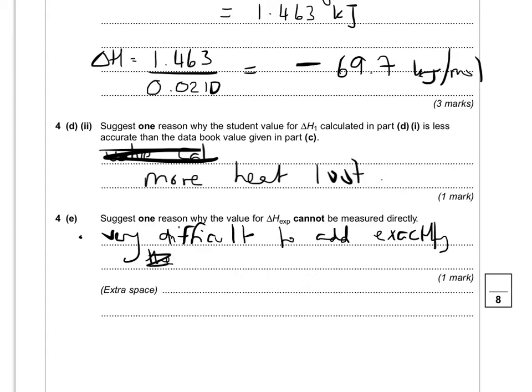Very difficult to add the exact amount of water to turn it from anhydrous copper sulfate into hydrated copper sulfate. The other thing is that both anhydrous and hydrated copper sulfate are solids, and it's very difficult to measure the temperature change of a solid, and so that will be the other reason.